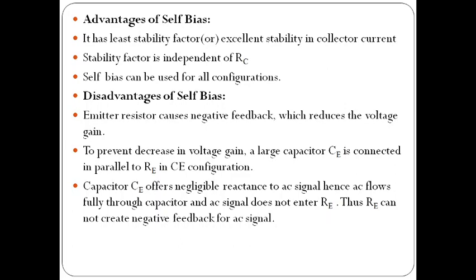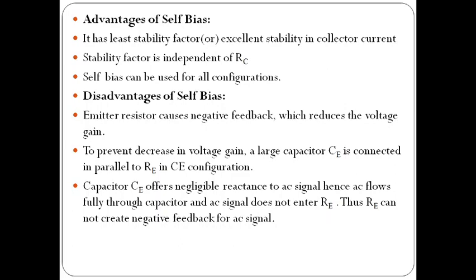This large value of capacitor always offers very low reactance. This low reactance gives a path to the AC signal. So AC fully flows through the capacitor and DC flows through the RE resistor.